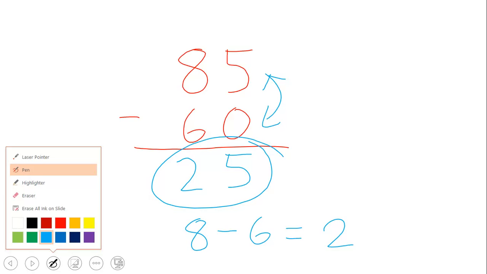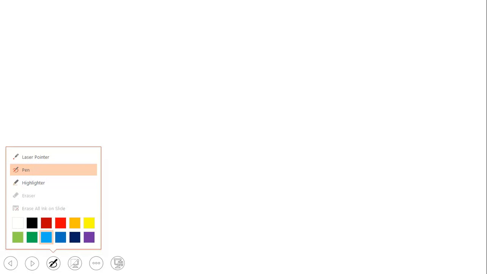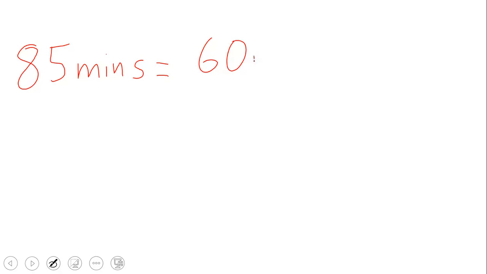Okay, so with that in mind, let us proceed. So 85 minutes therefore equals 60 minutes plus 25 minutes, because 60 plus 25 is indeed 85.